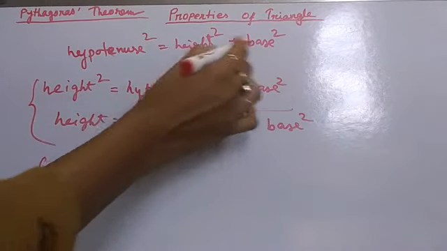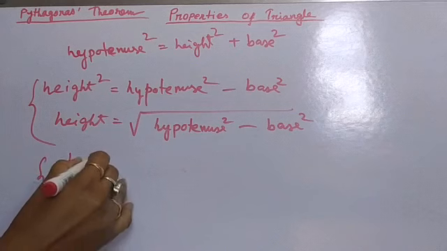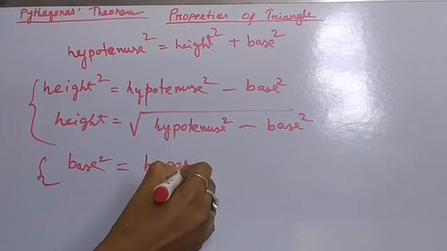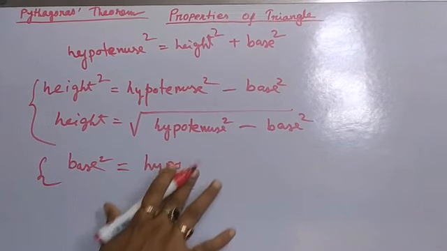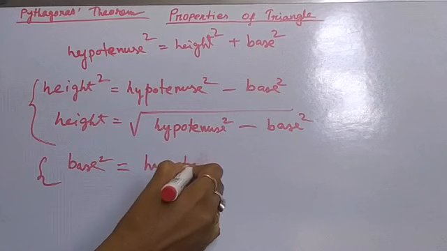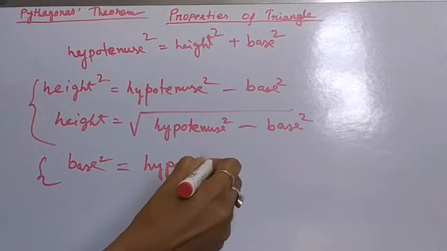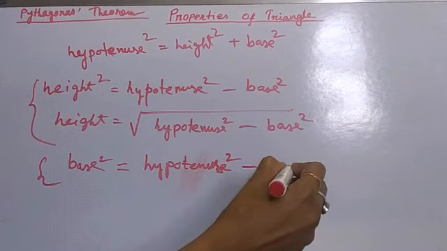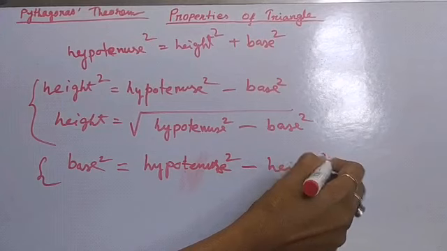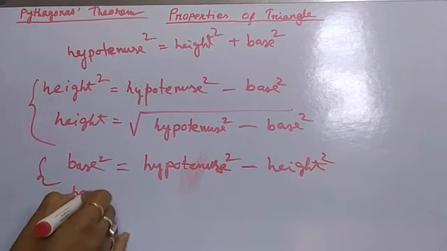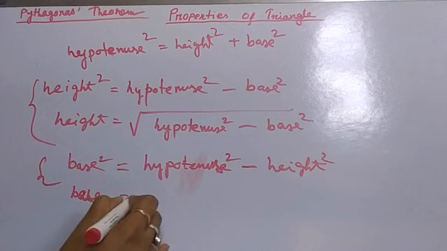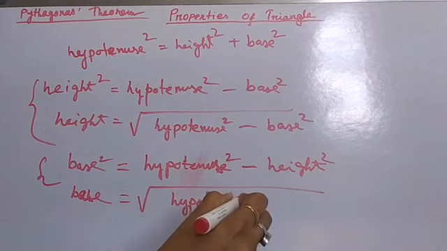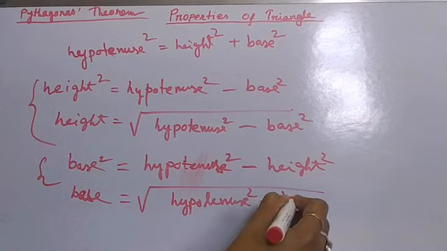The same thing will happen for base square. So base square equal to hypotenuse square minus height square. So base equal to root over hypotenuse square minus height square.